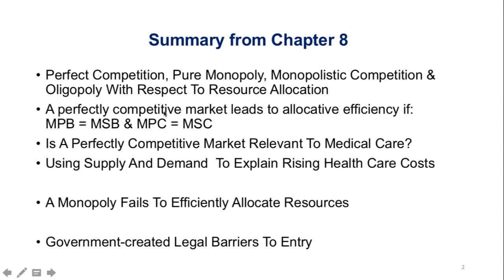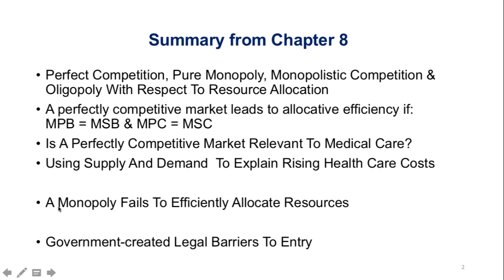Because we still use the perfectly competitive model as an ideal model, and demand and supply help us explain the rising healthcare costs during the past few decades in the United States. You learned about the monopoly, which fails to efficiently allocate resources by setting the quantity lower than in a perfectly competitive market and the prices higher.